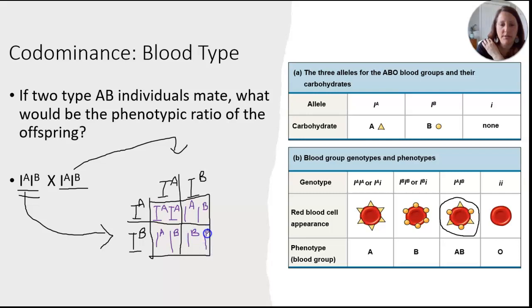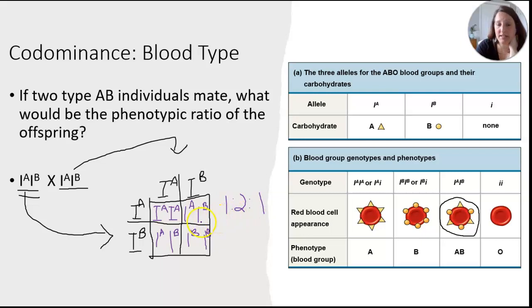We have to make sure that we actually answer the question. And so it said, if two heterozygous type AB individuals mate, what would be the phenotypic ratio of the offspring? And so look, I've got a 1 to 2 to 1 ratio, just like I saw in incomplete dominance.